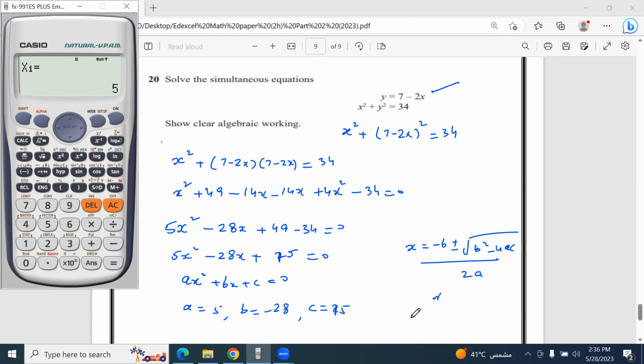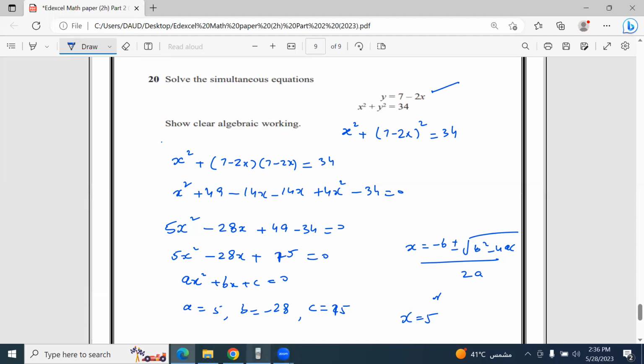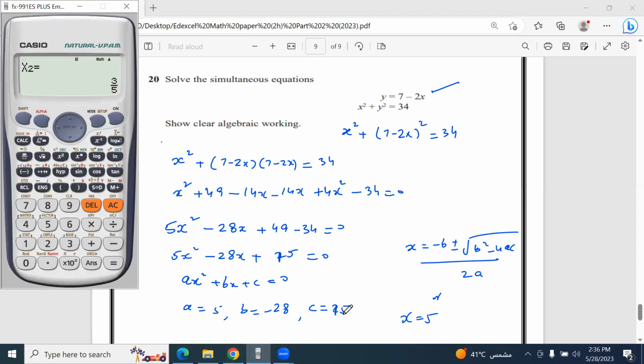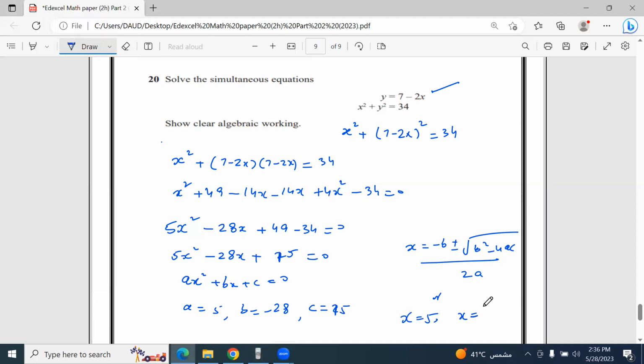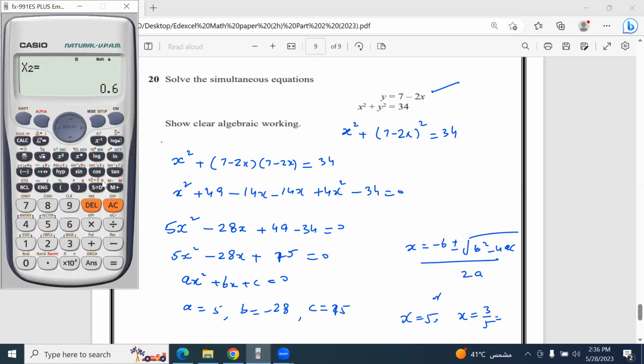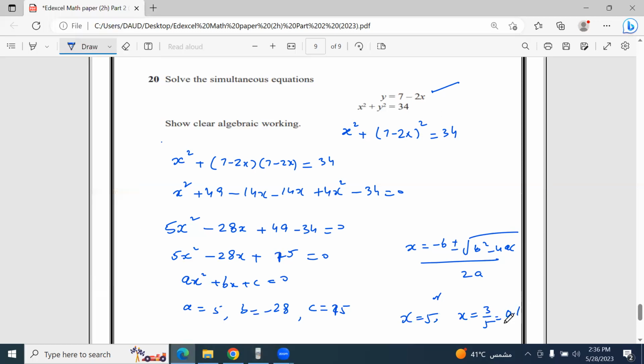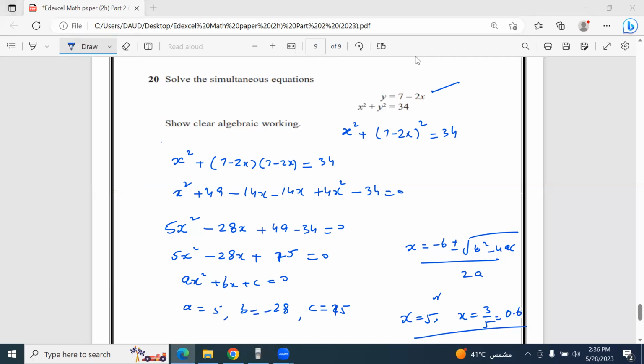So the first answer I'm getting is x is equal to 5, and the second answer is 3 over 5, or we can say 0.6. I hope you understand. See you in the third part in the next video.